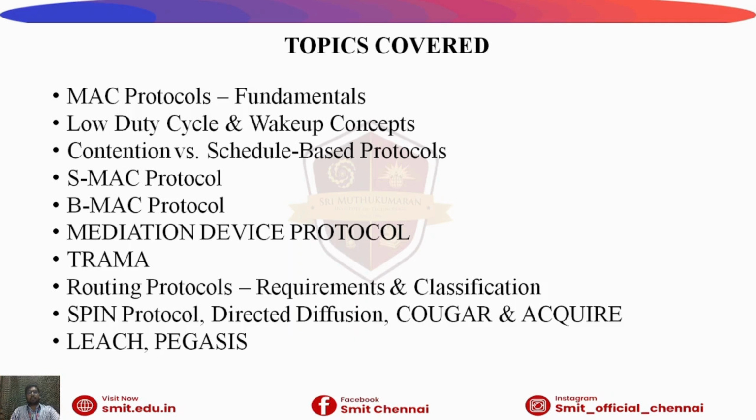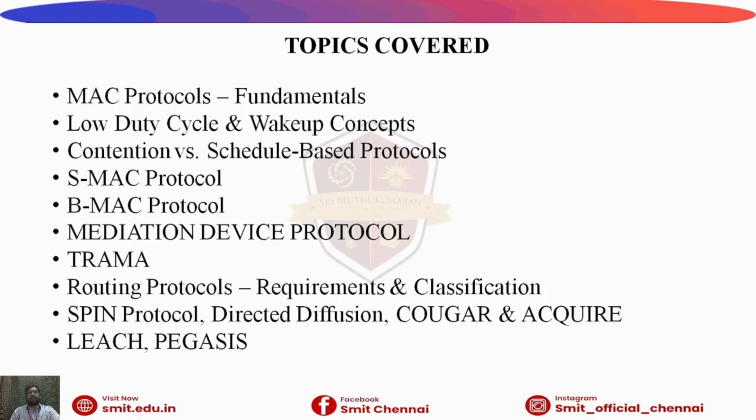Different MAC protocol classifications were studied, including contention-based and schedule-based protocols. Protocols such as SMAC, BMAC, mediation device protocol, and TRAMA were analyzed, highlighting their working principle, advantages, and limitations with respect to energy efficiency, latency, and scalability.